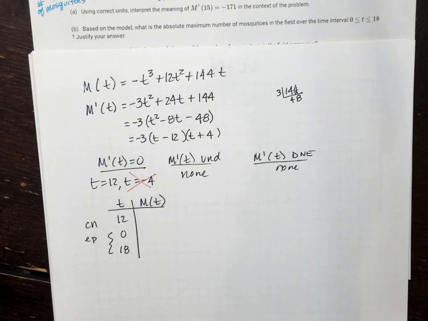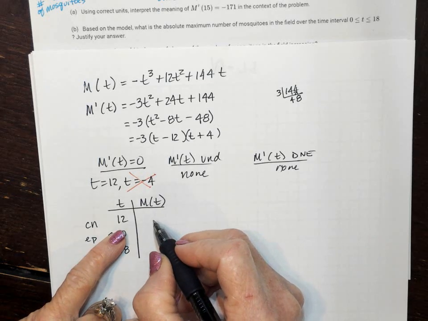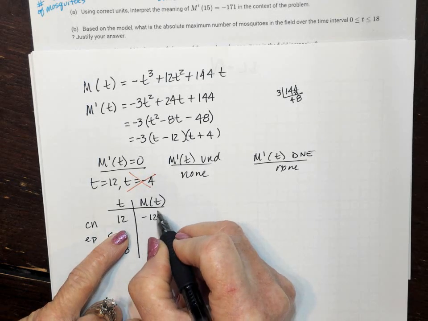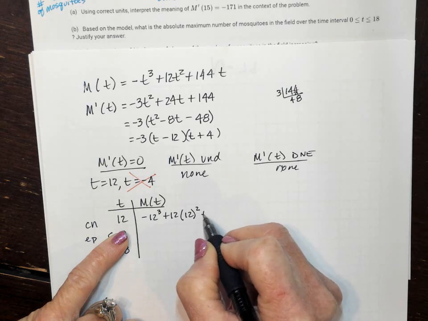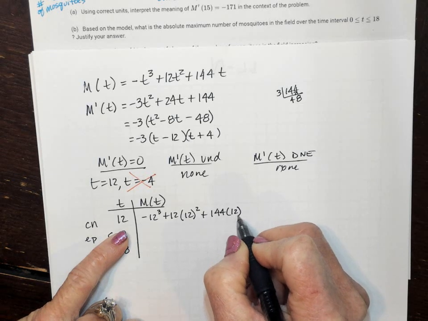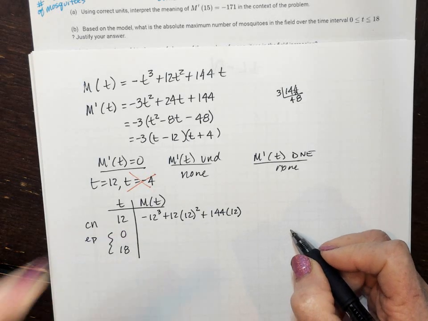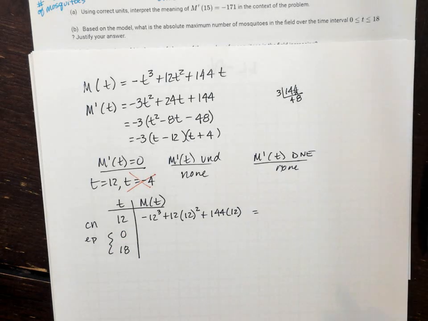All right, so m of 12 is negative 12 cubed plus 12 times 12 squared plus 144 times 12. Oh my goodness, you're doing this without a calculator.